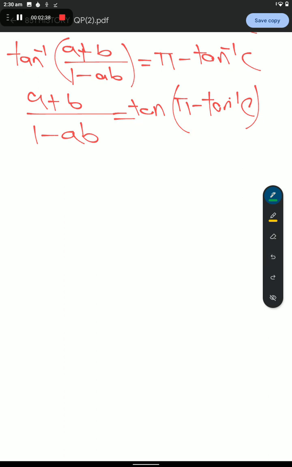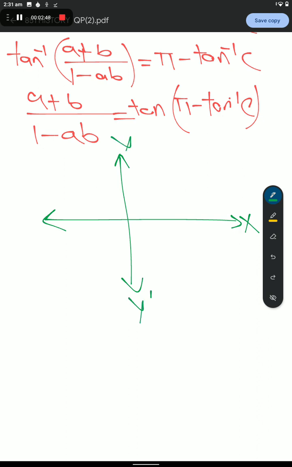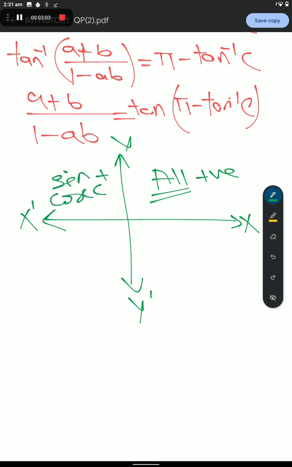This is why trigonometry is very important. Here we have the axes. This is the positive x-axis, this is the positive y-axis, this is the negative y-axis, and this is the negative x-axis. Always remember that here all are positive, and here sine and cosec are positive.